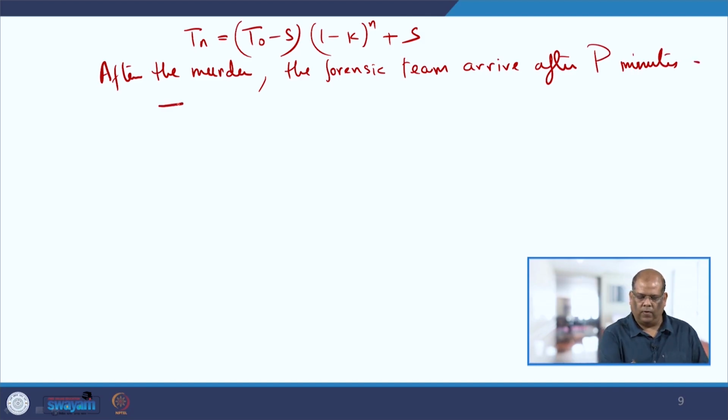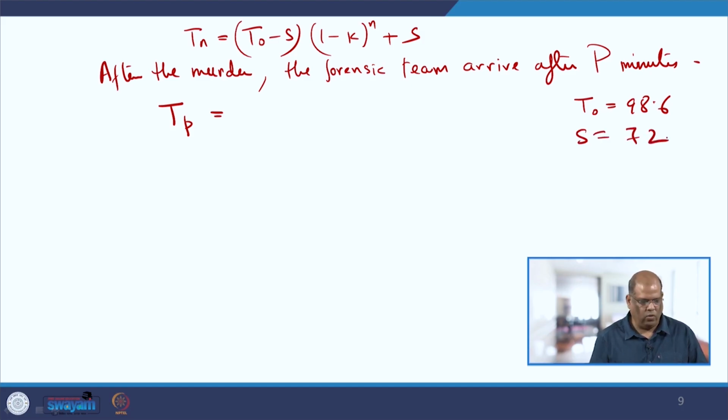So, the first equation is Tp. The initial temperature of the body is 98.6 and the surrounding temperature, let us take as 72.